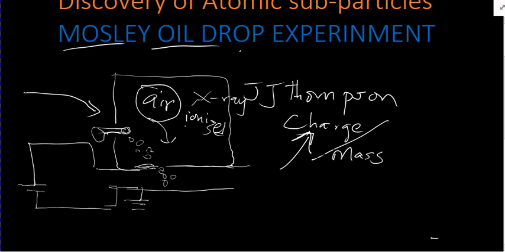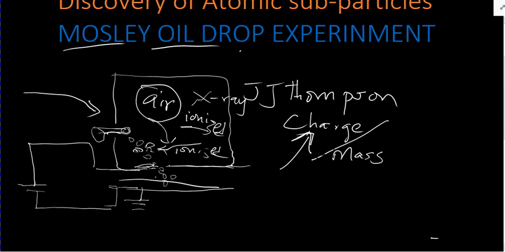Now, as the air molecules are ionized, they collide with the oil droplet molecules, and the collision of the ionized air causes the oil drop to also be ionized. So you have a chamber that is made up of ionized ions. Now a small hole was made so that the ion is going to drop into another chamber.